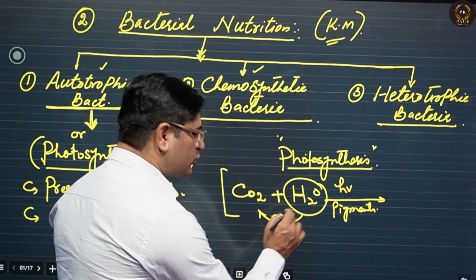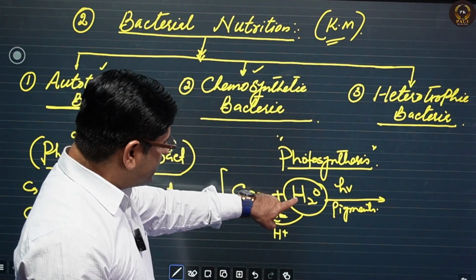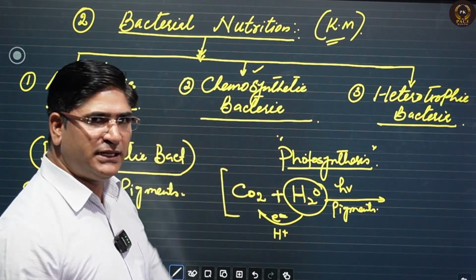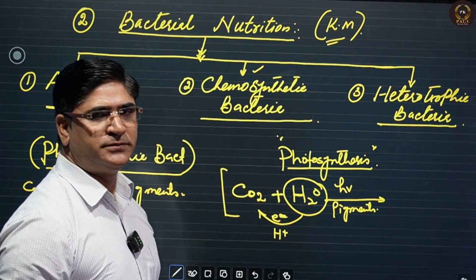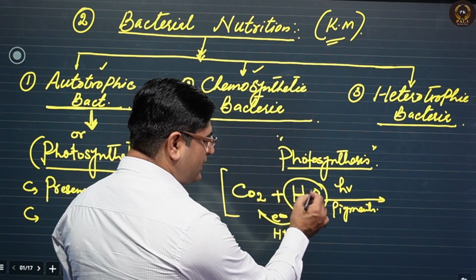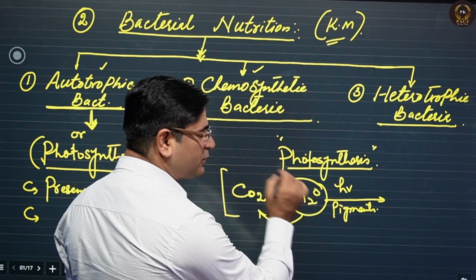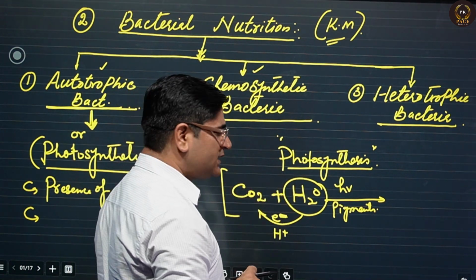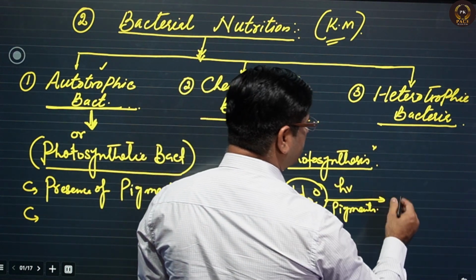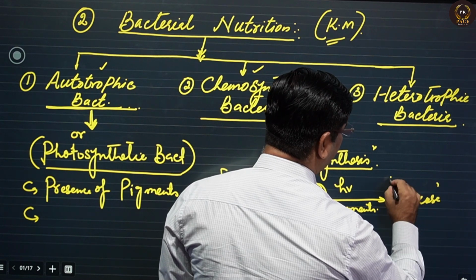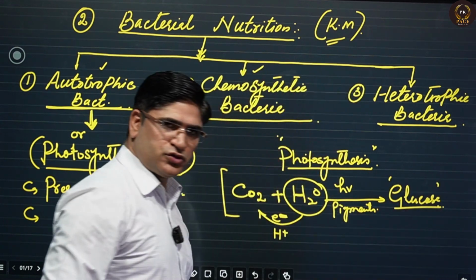So the water becomes the electron and proton source to reduce the carbon dioxide inside the plant, and it gets converted into glucose. It leads to the formation of glucose.